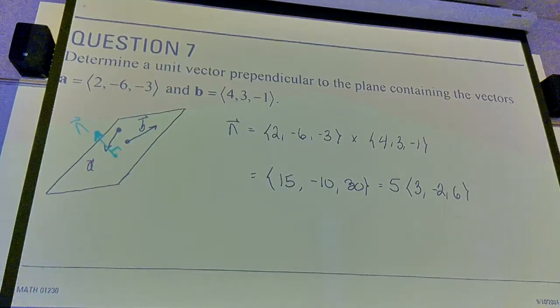If I drop that 5, I don't change the direction, right? Get rid of 5, because that vector is a lot easier to normalize than 15, negative 10, 30.